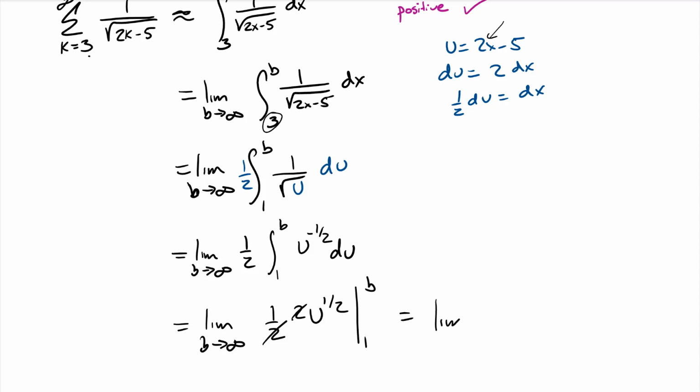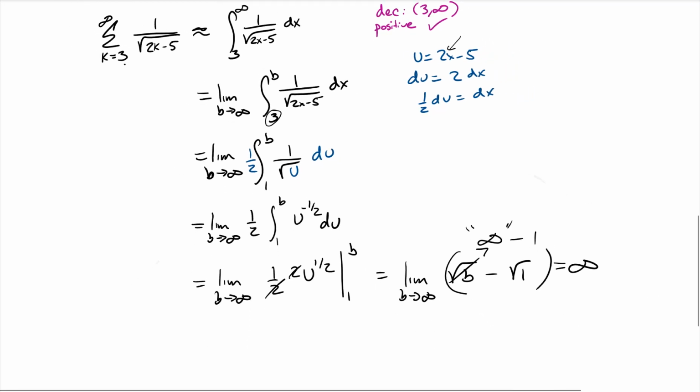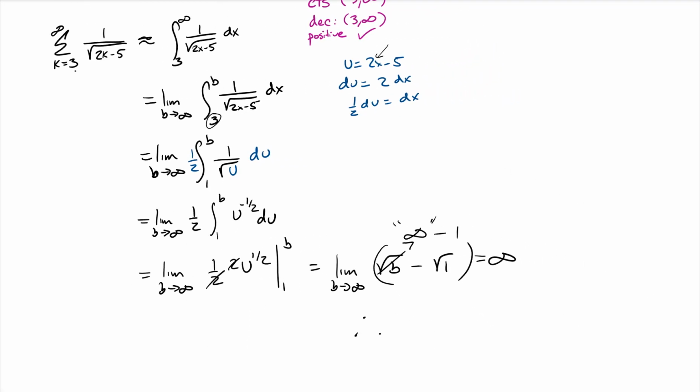So we get the limit as b tends towards infinity of the square root of b minus the square root of 1. If that's going to infinity, we have infinity minus 1. This goes to infinity. Therefore, this diverges.